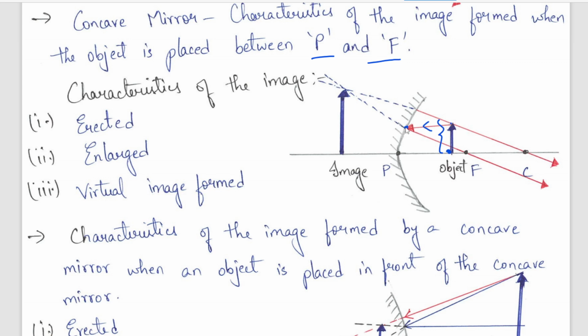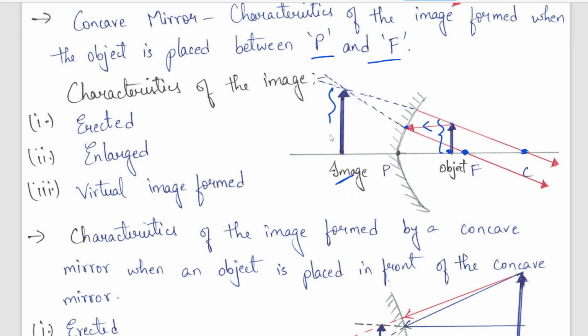This is the light ray, and it is reflected back through the focus, and if you extend this, another light ray is falling and reflecting back like this, and it is traveling from center of curvature. So as you can see, the image is formed outside, that is backside of the pole.